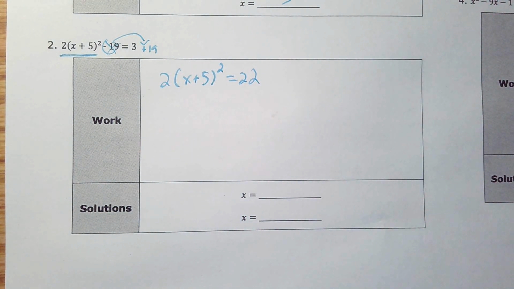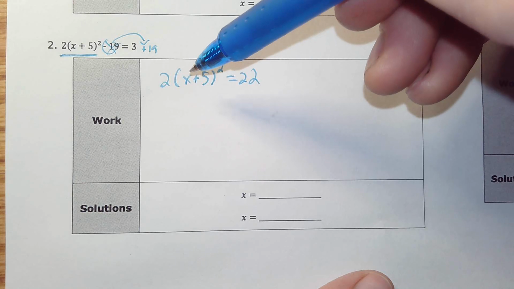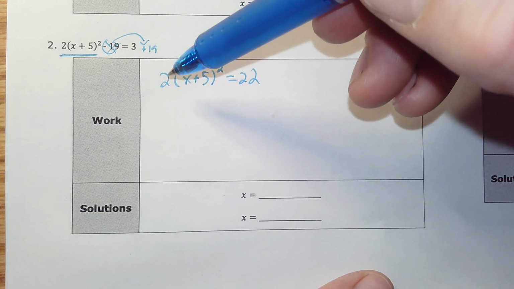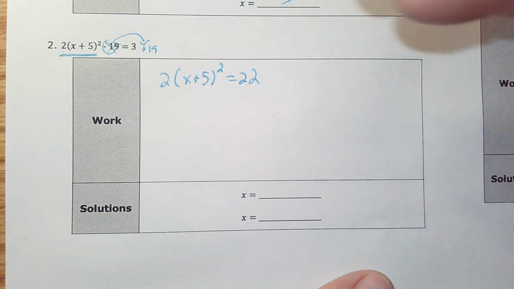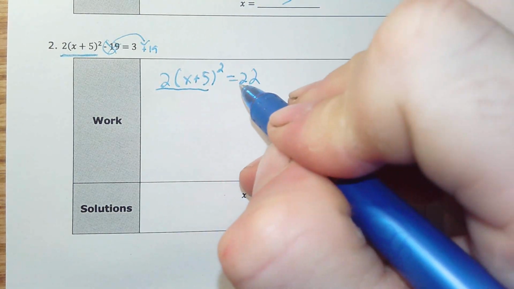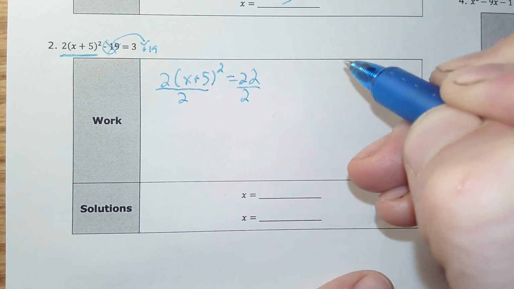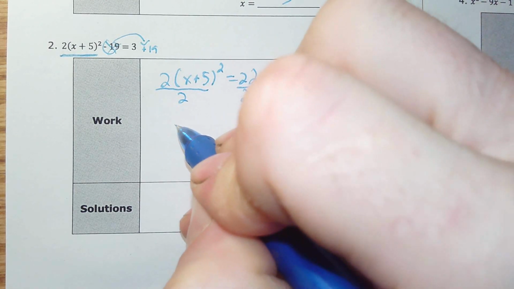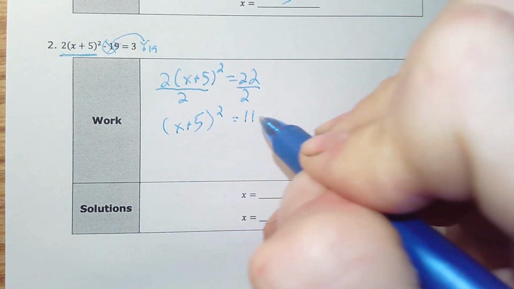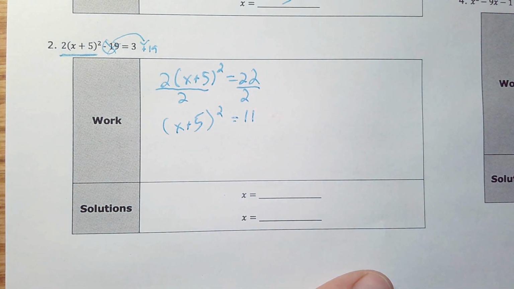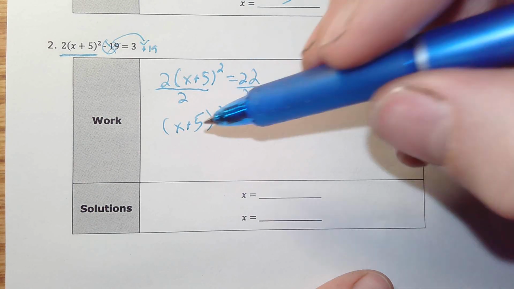Okay, now I need to get at this x first, but that 2 is preventing me from getting at these parentheses all by themselves. So I'm going to divide both sides by 2, and then I'm going to get x plus 5 squared equals 11. Okay, so now I'm going to take the square root of both sides, right, to get at that x.